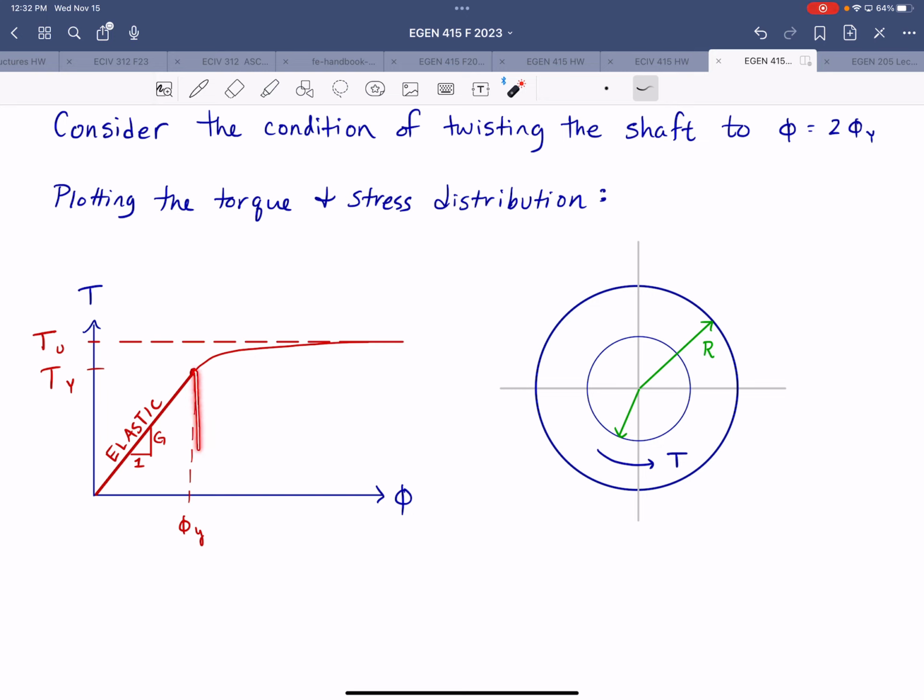So here's that yield angle phi y associated with initial yield, and then our ultimate torque is represented by that final point there. So we're looking for an angle that is 2 times our yield angle, so that would be something like this.